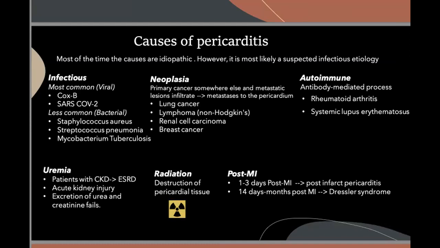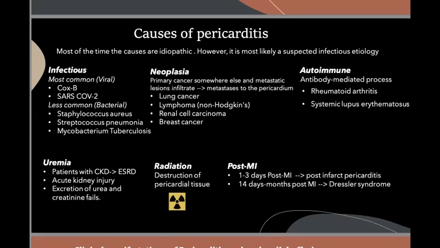Other causes might be of autoimmune origin, and it is antibody mediated, where antibodies can travel to our pericardium, and that would be rheumatoid arthritis, as well as systemic lupus erythematosus.